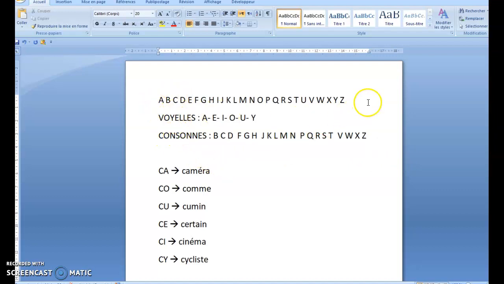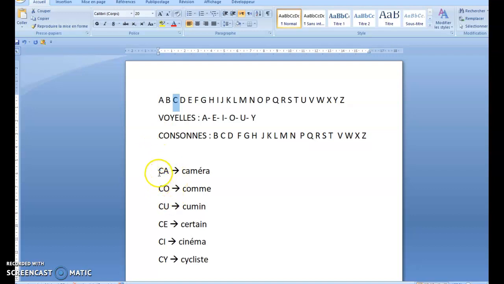So if we combine the consonants with the vowels, we have syllables. And the sound is slightly different with some letters, for example, the C. Alors, la lettre C, it has 2 sounds: K sound and S sound.